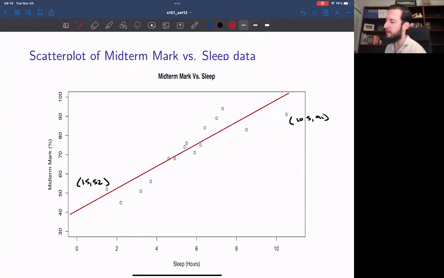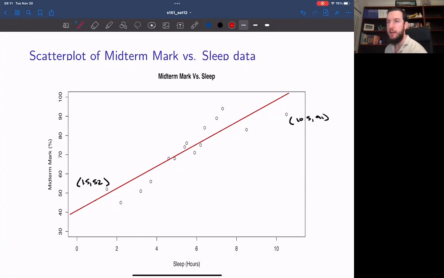So I've just sketched this red line here. I'm looking at the points and I'm wondering, does it seem like they have a linear trend? Well, there's clearly an increasing trend. It's certainly the case that as the students slept more, the midterm mark increased as well. So we definitely have a positive trend. There's no denying that.